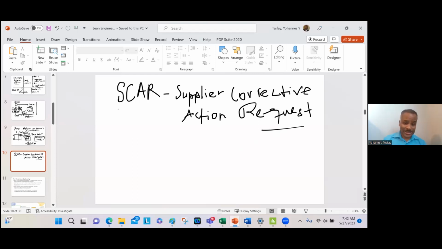So this SCAR is usually, so you already learned what 80 is. We ship so many products to so many customers. This is no problem with 80.